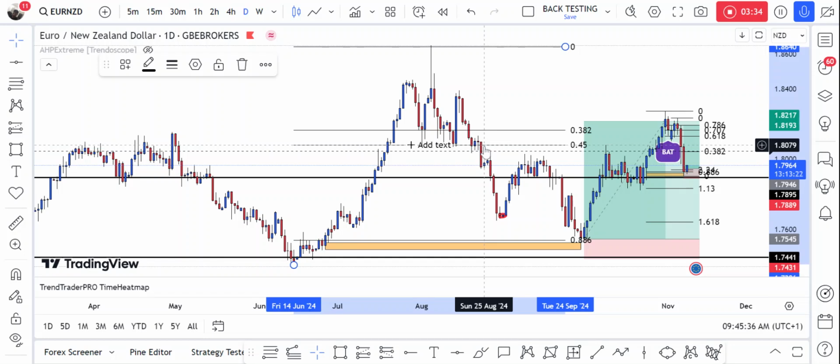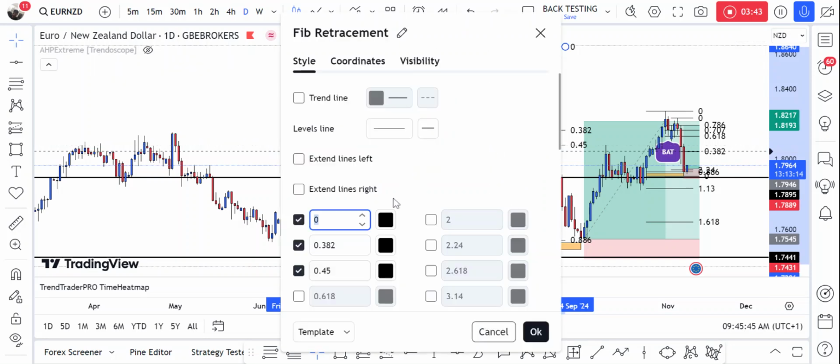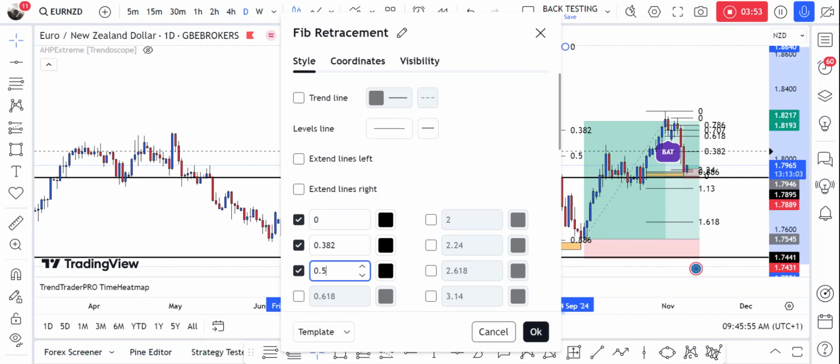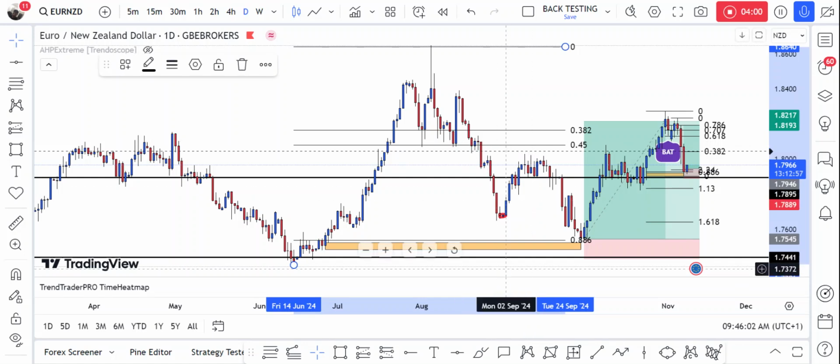Now you know that for the bat pattern, we have a tolerance level of 5%. That is 0.5, so 0.5 minus 0.05 will give you 0.45. And you know for the bat pattern, the B point is between 0.38 and 0.5. So this is valid. You've already gotten this point.